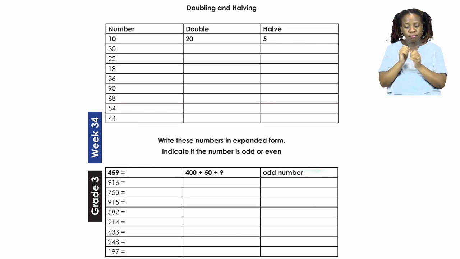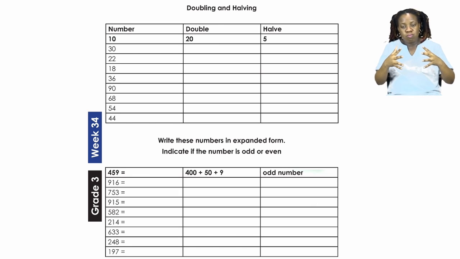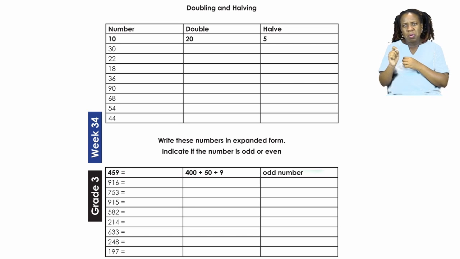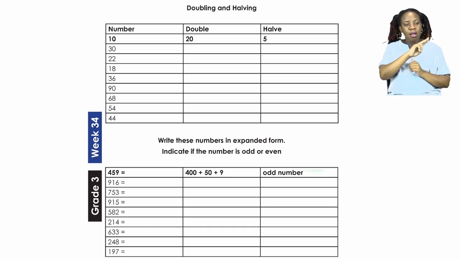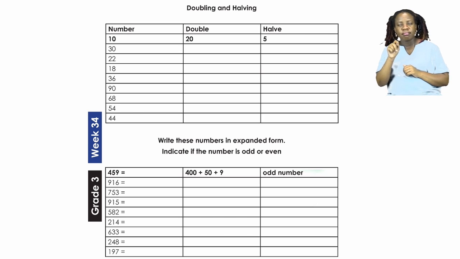It says, write these numbers in expanded form and then indicate if the number is an odd or an even number. Now once again, boys and girls, you will see the first example was done for you. Now the first number is the number 459. Now when we expand the number, we take the number and we put down the hundreds and the tens and the units of that number.